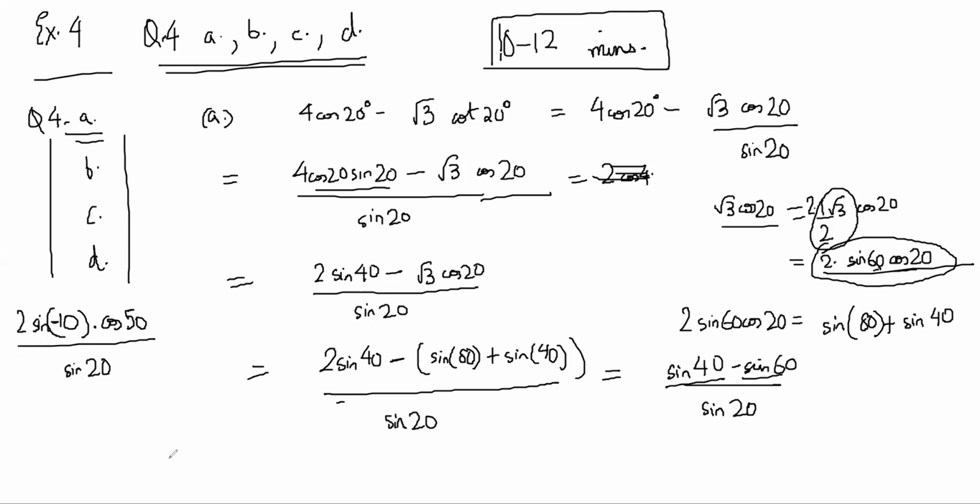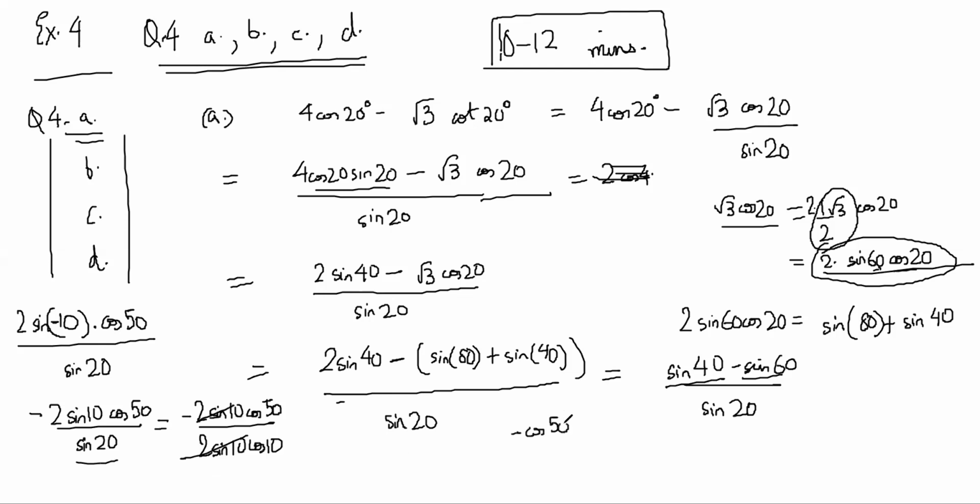This becomes minus 2 sine 10 cos 50 by 2 sine 10 cos 10, so 2 sine 10 gets cancelled. I'm getting minus cos 50 by cos 10.